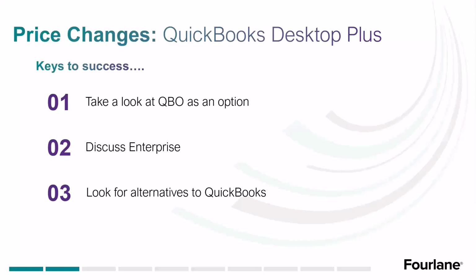The other option is to discuss Enterprise. Enterprise is still the top product in this space. I know it's more expensive, but you get more things with it. So be talking to our customers about the Enterprise options. And then there is looking at alternatives to QuickBooks. I think it's always good for those people who have been QuickBooks Pro advisors, supporters for years and never looked at some of these outside products, diversifying at all.